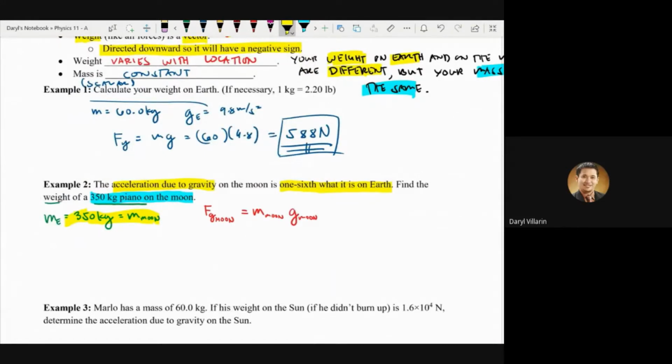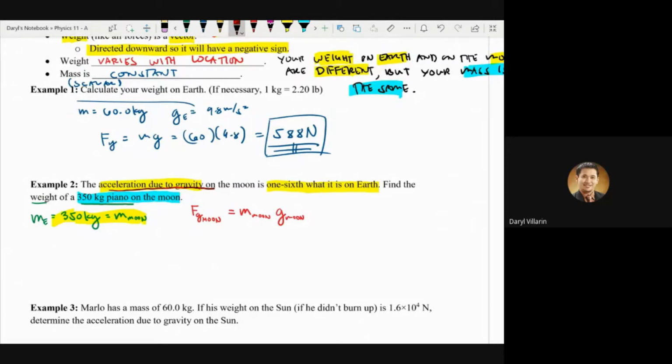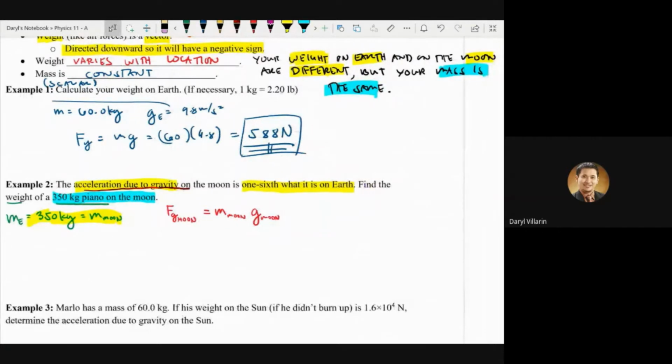It's not directly given in the problem, but you're given the acceleration due to gravity. Remember that g is acceleration due to gravity. Most students will just say, oh, gravity. Well, it's actually acceleration due to gravity. That's why the unit is meters per second squared. It's an acceleration value.